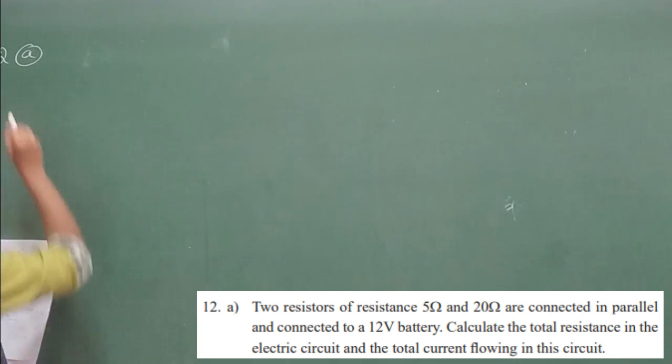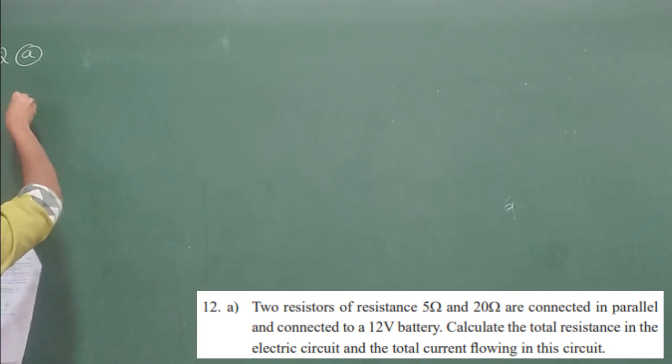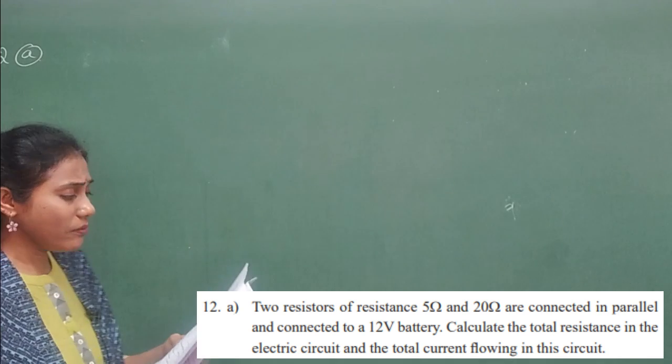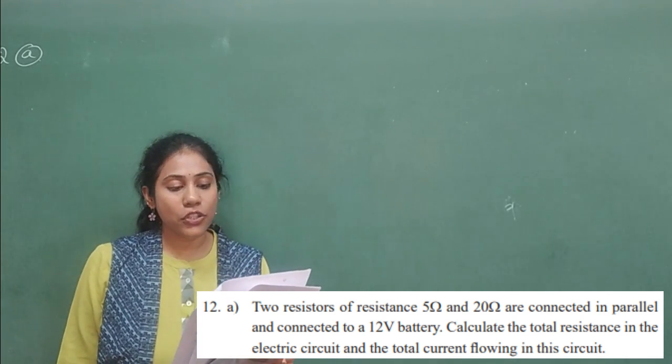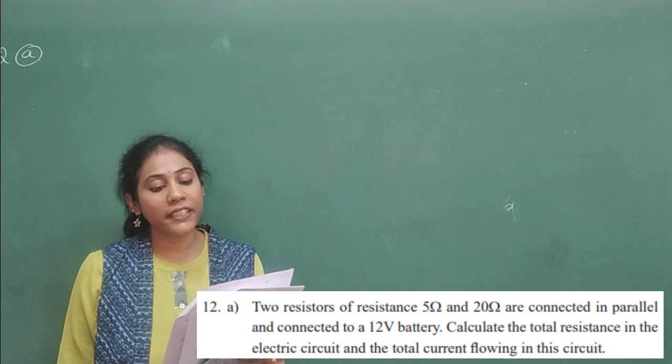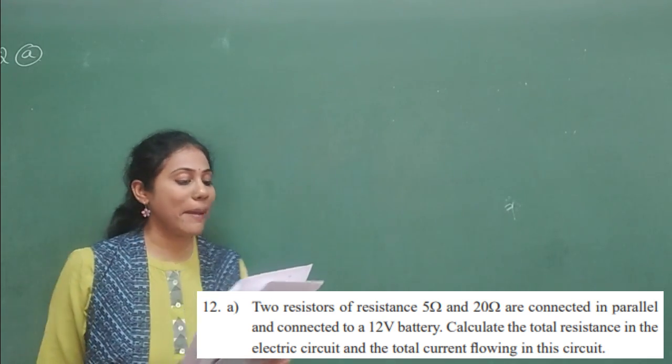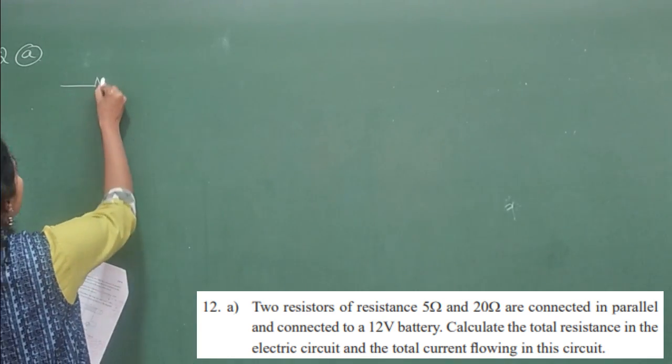So coming to the 12th question, A question. For A you have 2 marks and for B you have 2 marks. So look at the question on the board. Two resistors of resistance 5 ohm and 20 ohms are connected in parallel. So there are two resistors.